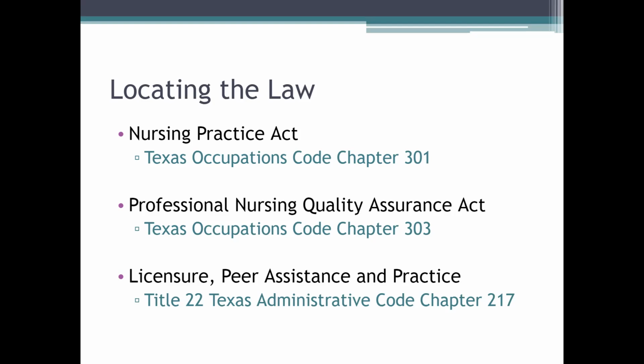Chapter 303 relates to nursing peer review, and Chapter 304 relates to the Nurse Licensure Compact. These chapters of the Texas Occupations Code define nursing practice and give the board the authority to make rules which implement and interpret the Nursing Practice Act.